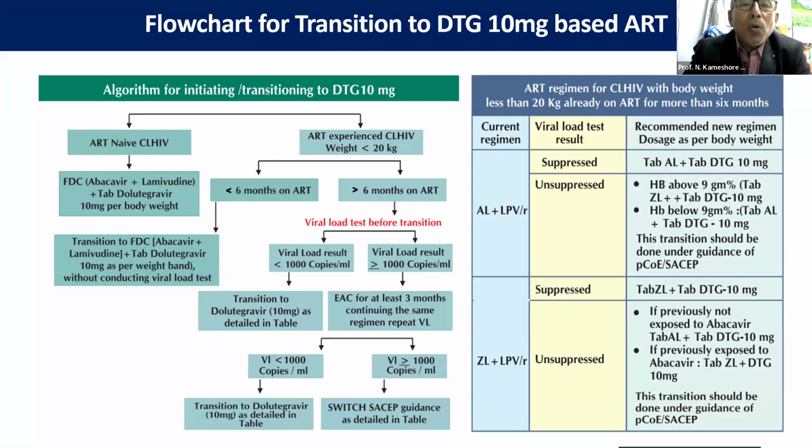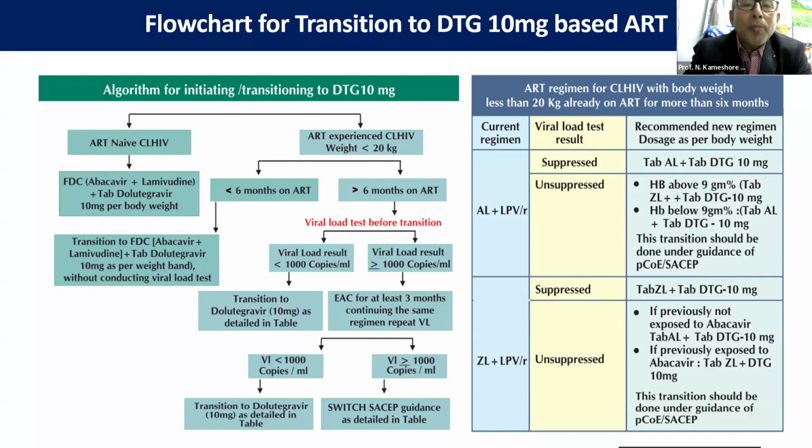If the viral load is more than or equal to 1,000 copies per ml, then we have to do enhanced adherence counseling for at least 3 months, and during this time we continue the same regimen.